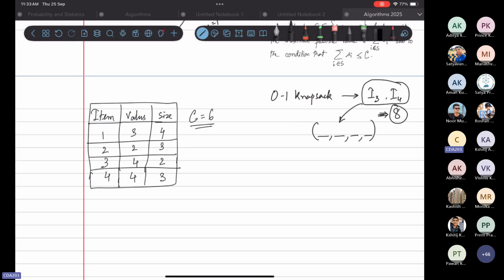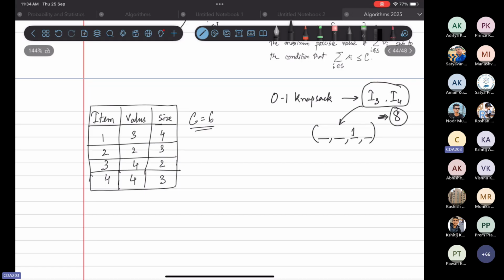I'm taking item 3 and item 4, so these should be 1 and other things should be 0. That is how I can write a solution of 0, 1 knapsack problem in terms of the fractional knapsack problem. So this is the vector x.